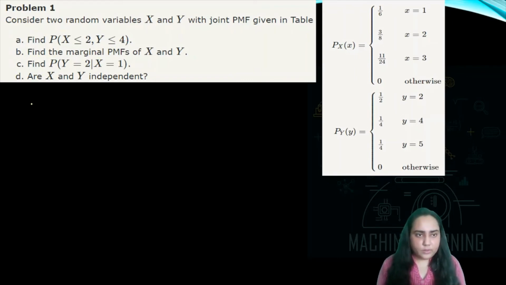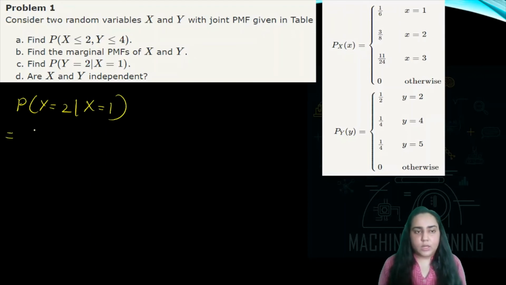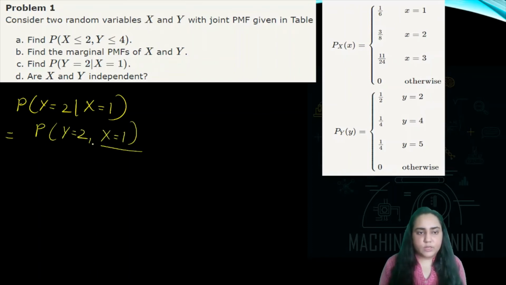So let's calculate probability of y equal to 2 given x equal to 1. And to do that, we know that this is actually probability of y equal to 2, comma, x equal to 1, the joint probability, and then division of all of that with p of x equal to 1.